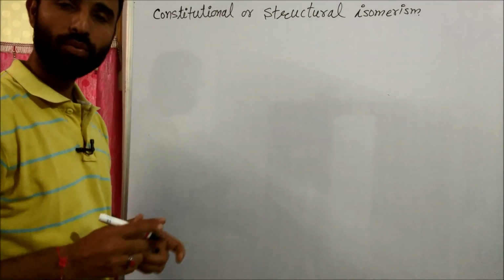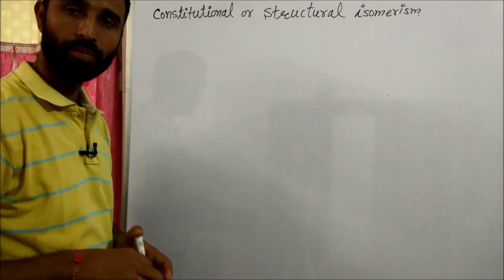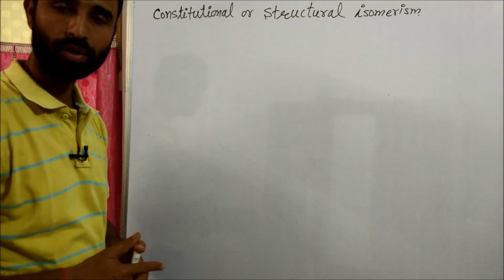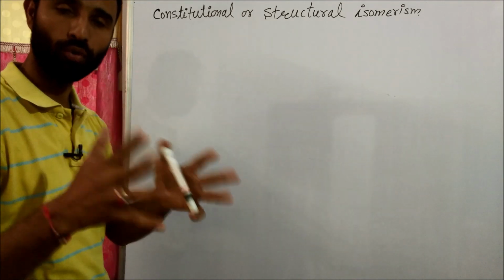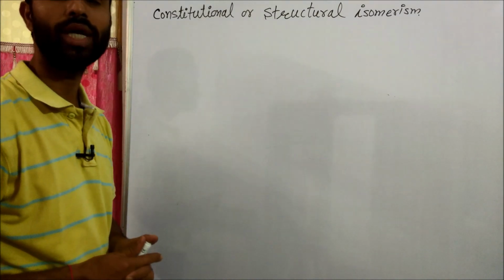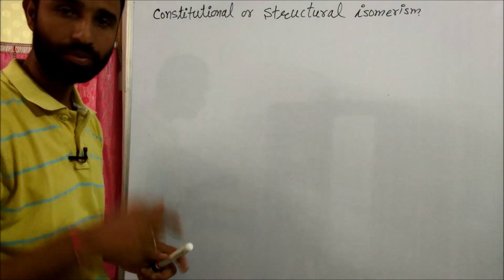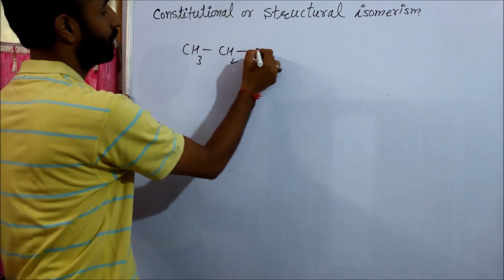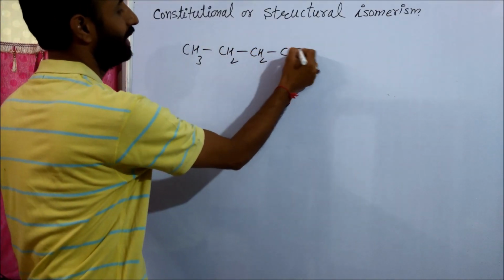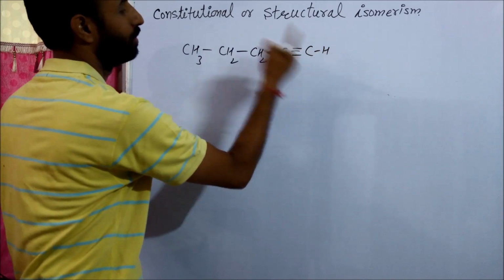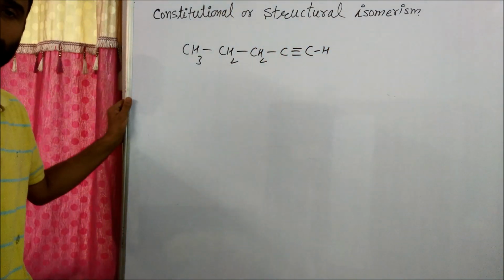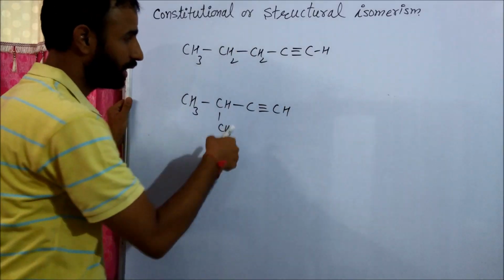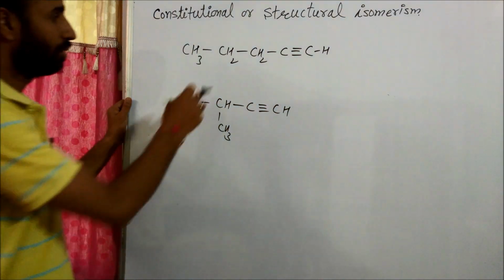So the minimum number of carbons required by a compound to show chain isomers is 4, except in alkyne, because in case of alkyne we need at least 5 carbons.